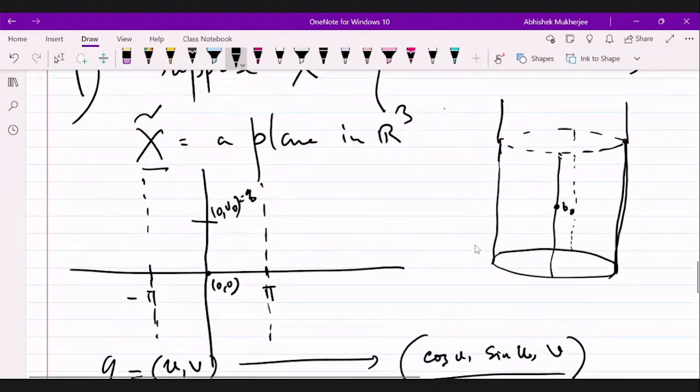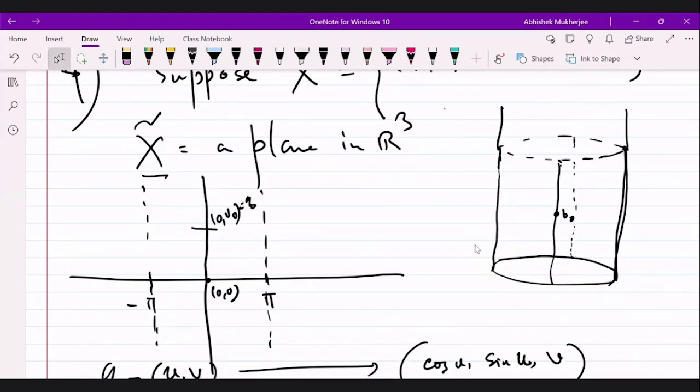You are just wrapping up this part. You are just rolling up this strip onto that cylinder.